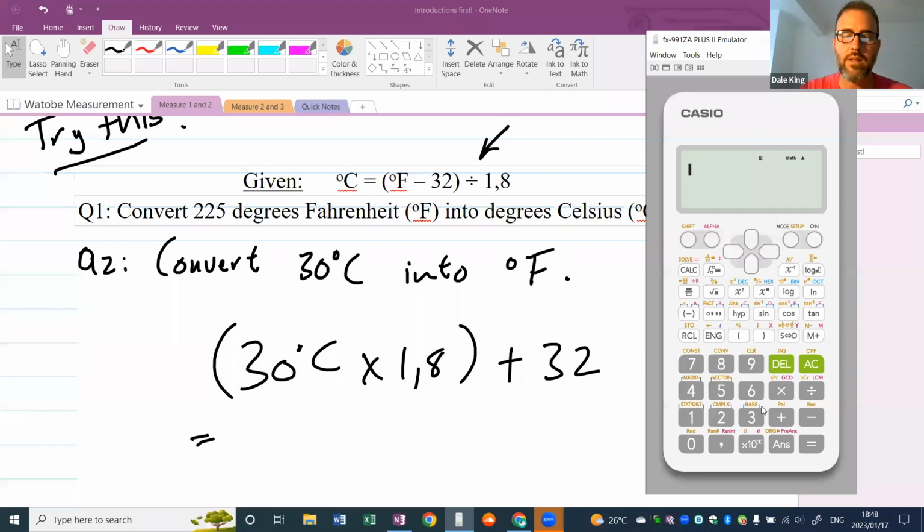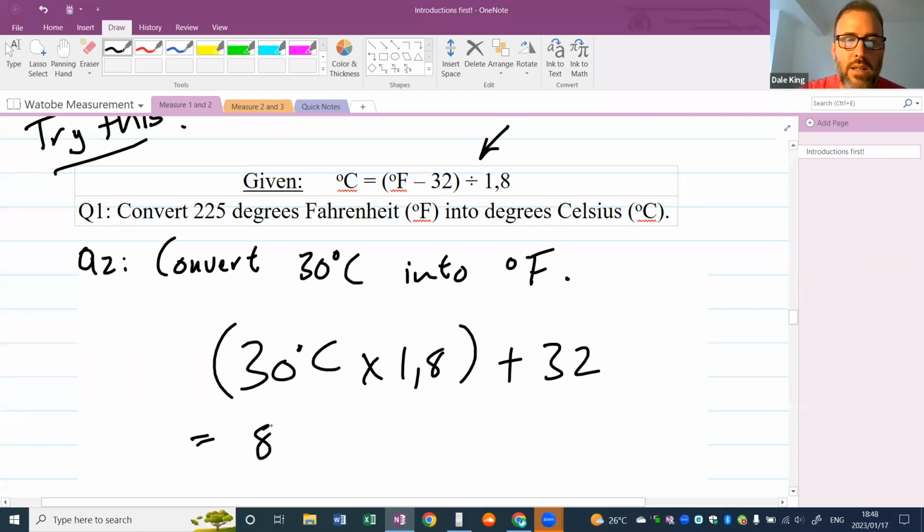I'm going to use brackets times 1.8, close the brackets, and add on 32. 86 degrees Fahrenheit. Okay, so we've got an answer here of 86 degrees Fahrenheit.